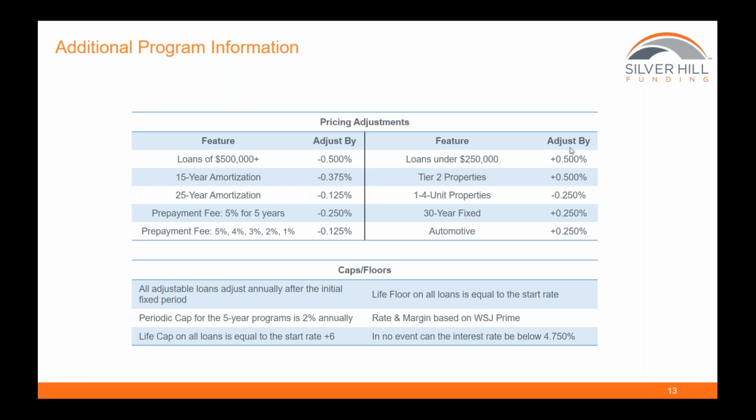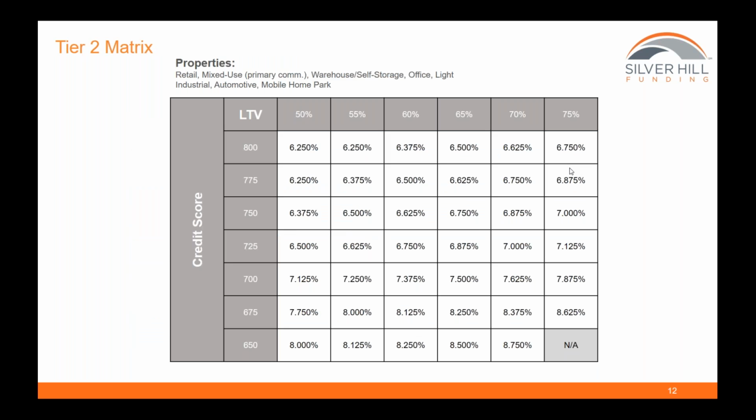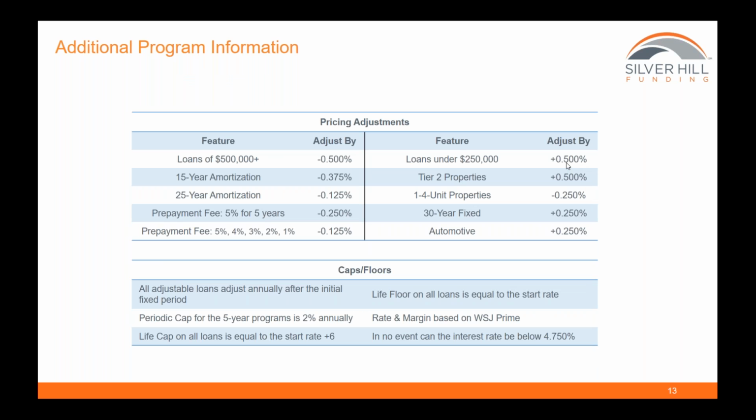Conversely, these are adjustments that worsen the rate. Loans under 250,000 worsen the rate, so you would look at this rate and add the adjustment. For Tier 2 properties, right now we're not doing 1-4s, although it's part of our mix.